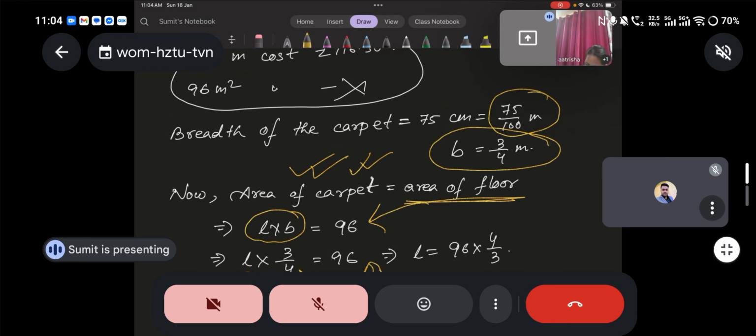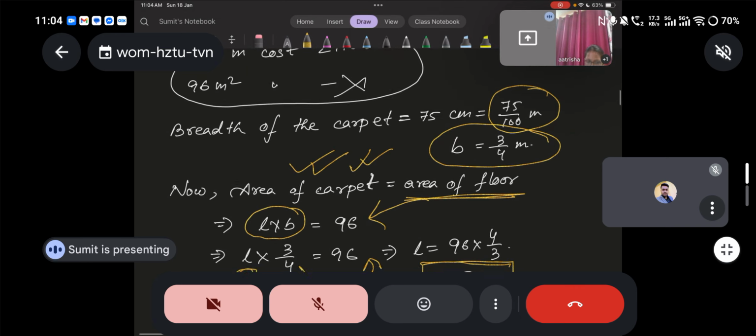So that means what is the length? Length is 128 meter. After the calculation we can find. Right now I have got the length. Now we can find the cost of the carpet, as in the market you can always buy carpet in terms of meter or in terms of its length.